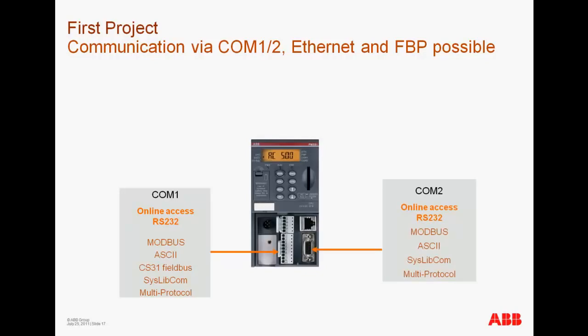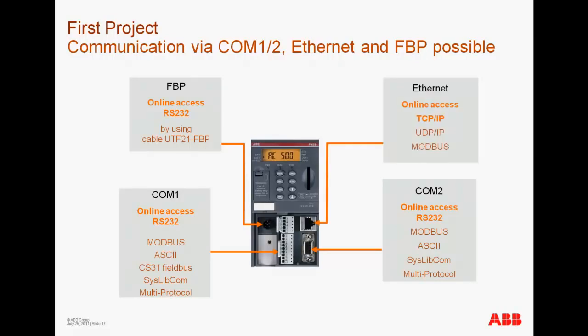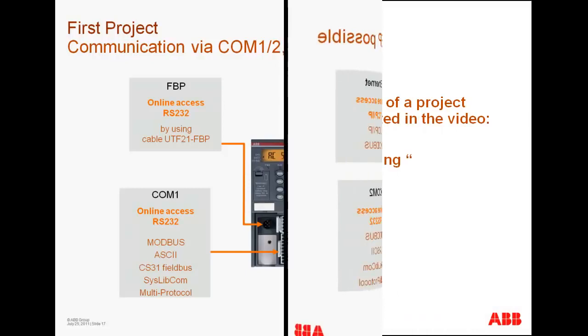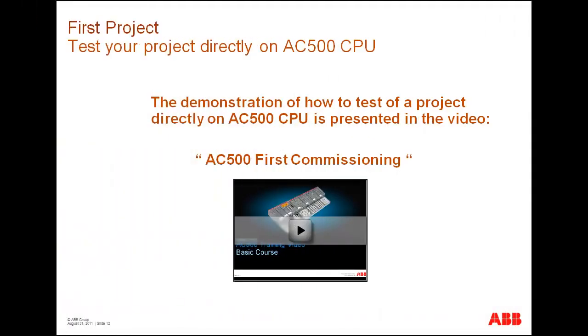You can also use the field bus plug connection, identified by the FBP connector, but also, and the most often used due to fast transfer, the Ethernet connection, identified by the RJ45 connector. The demonstration of how to test one project directly on the AC500 controller is presented in another video, called AC500 First Commissioning.